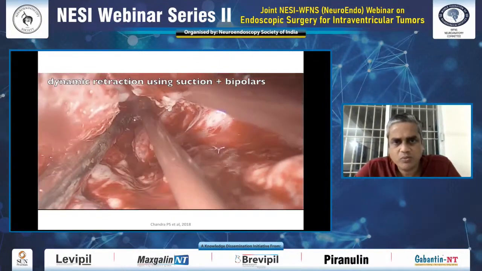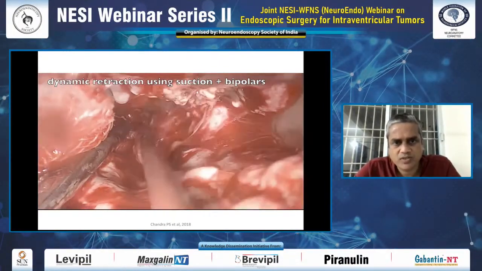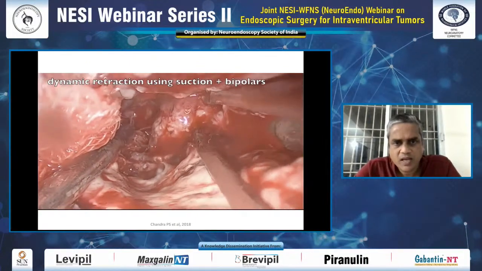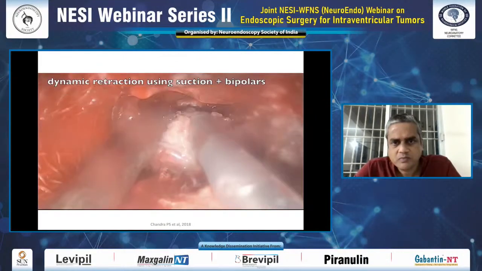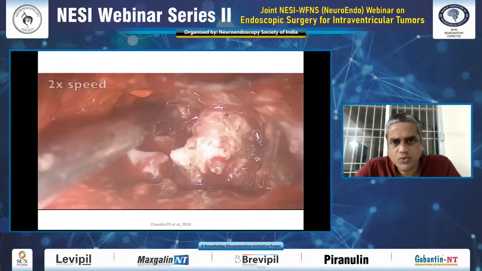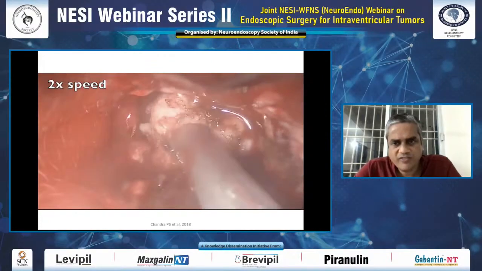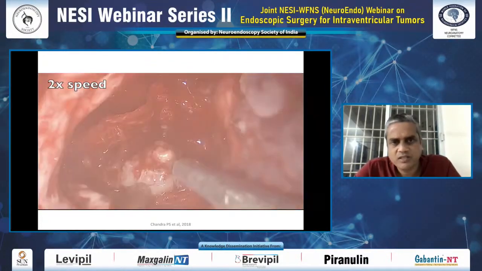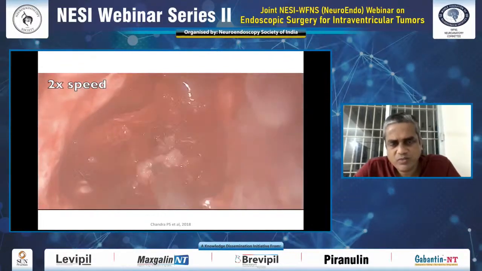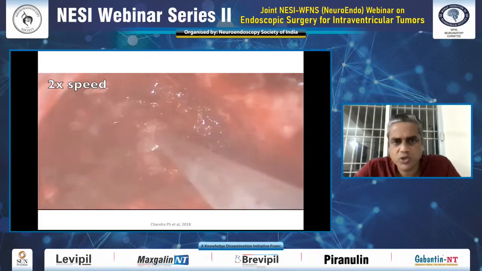And we went through a very small corticectomy using an endoscope attached to a robotic system. And that's the tumor which has come into view. We can see it's a very hard tumor, and we are using the CUSA. Now, using free hand dynamic retraction with both suction and the bipolar through a very small corticectomy using endoscopic assistance is a very powerful tool.